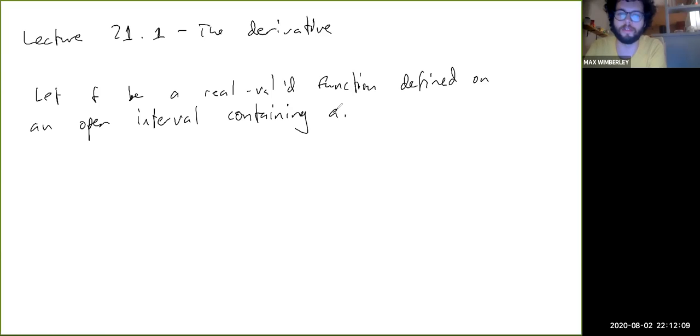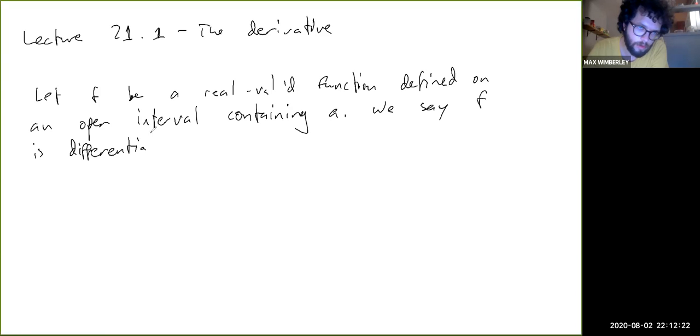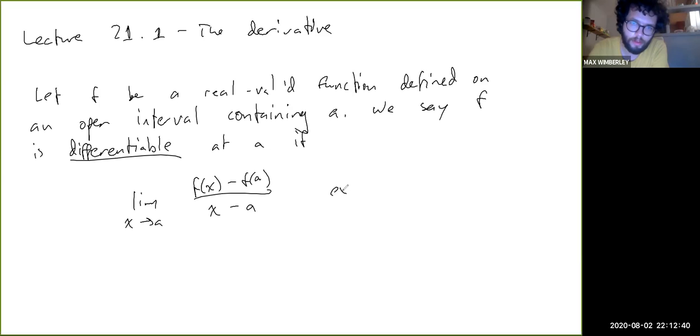We say f is differentiable at a if the limit as x approaches a of f of x minus f of a over x minus a exists.